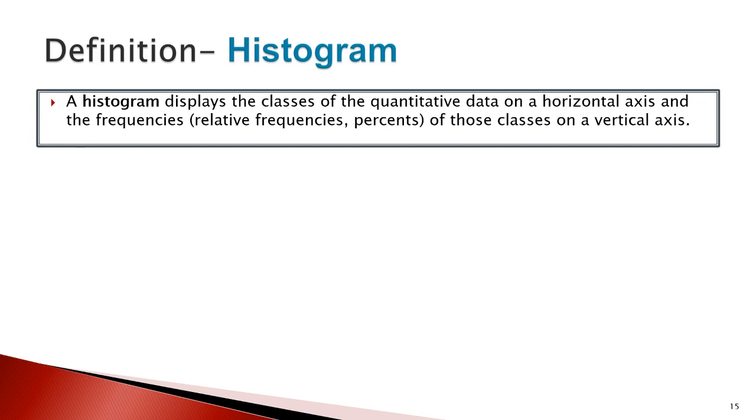Now let's begin with the histogram. The histogram is a graphical method, basically a graph with a horizontal axis representing quantitative data. The vertical axis represents the frequencies, relative frequencies, or percents.